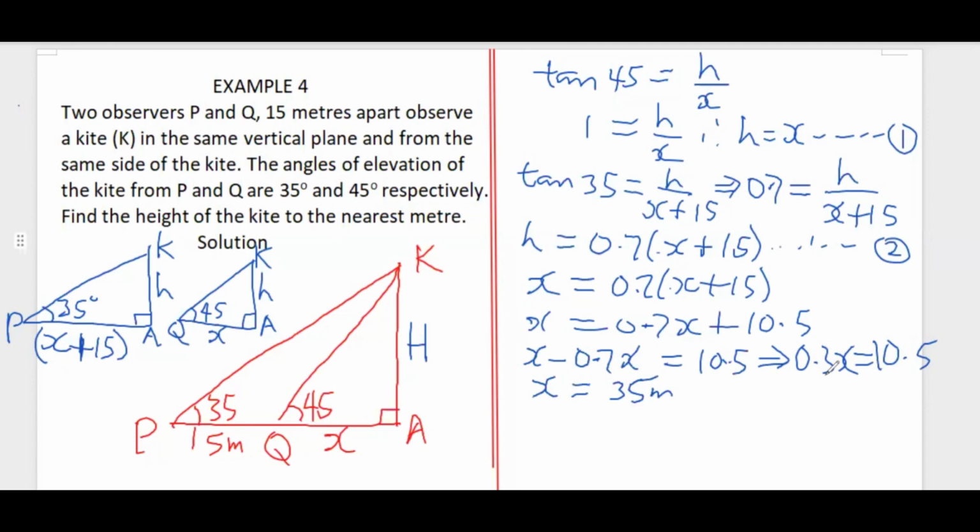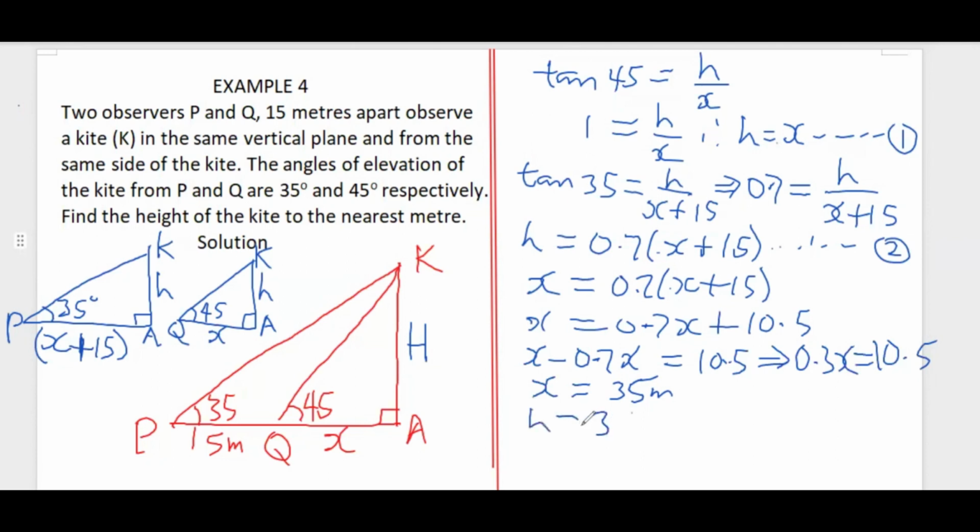Now, since it is the height that we have to find, anytime you get any unknown like this, substitute in any available equation to get the actual variable that we have to find, which is H. In this case, if you substitute 35 for X in equation 1, since X equals H directly there, that means H is 35.